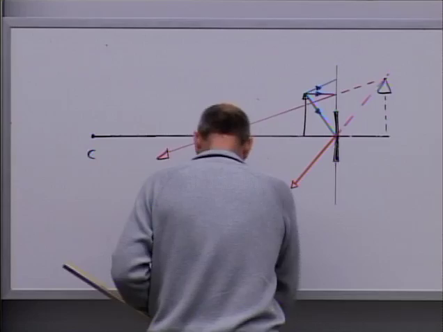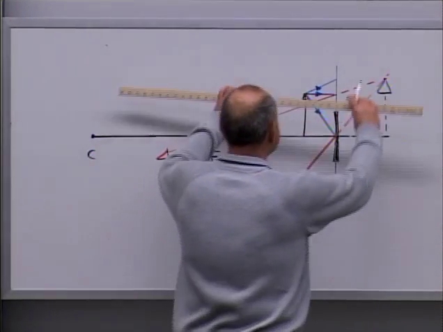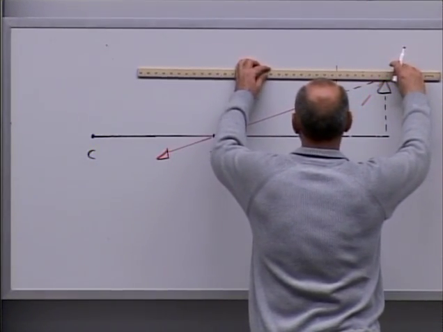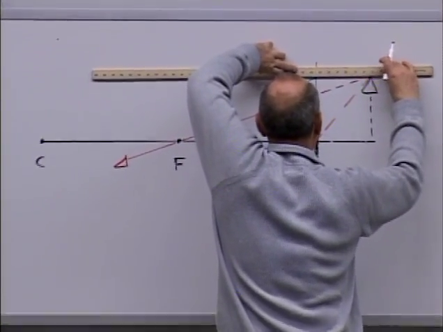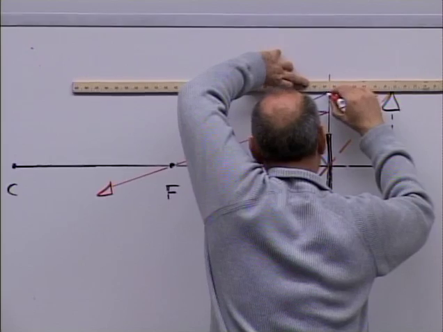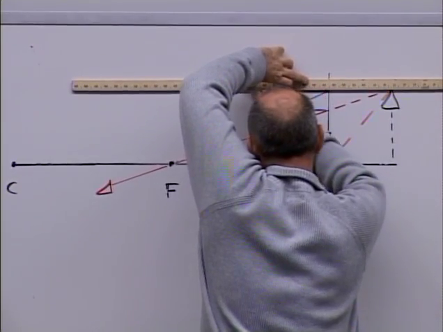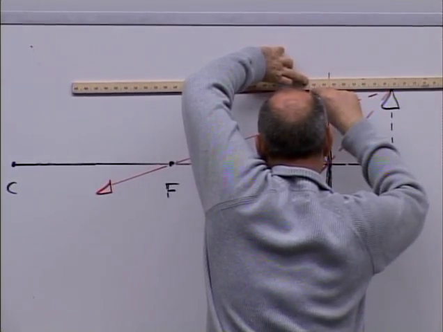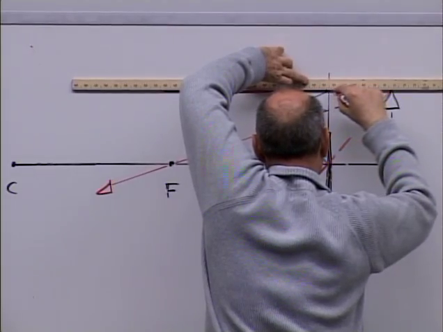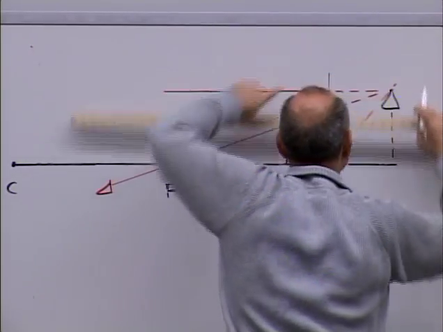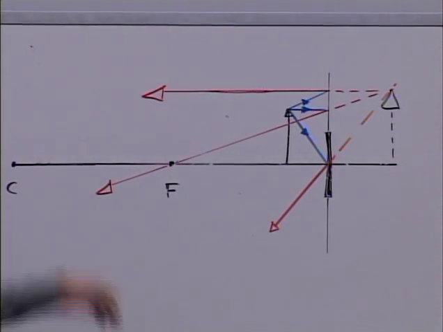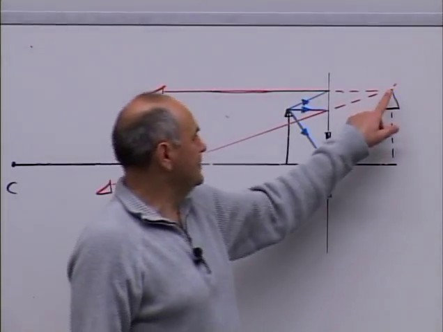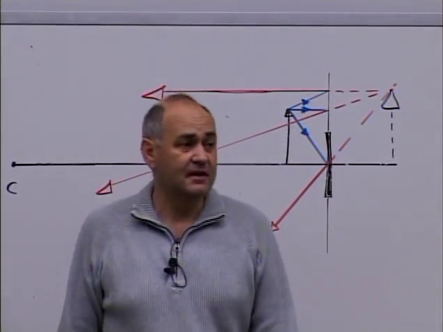And after reflection, the focal ray becomes parallel to the principal axis. As if I make an extension, I can see that all those three rays appear to originate from the point over here. So here we have the image.